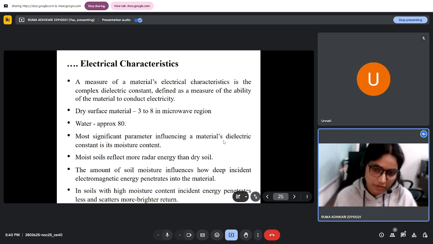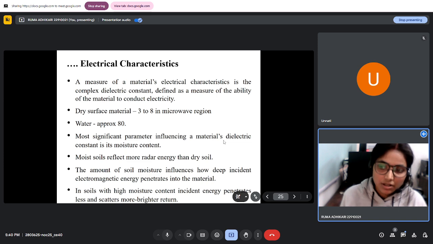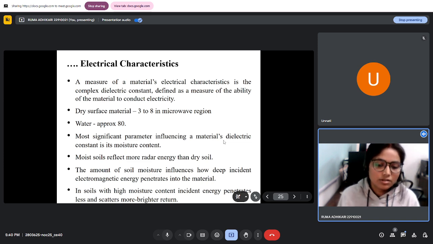Many use polarimetric parameters because when the soil particles have moisture or water droplets, its scattering signature is different compared to dry soil.